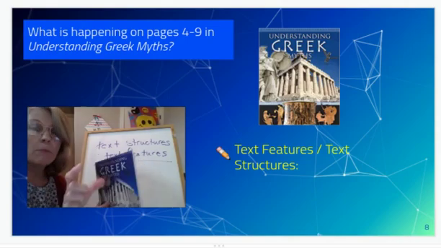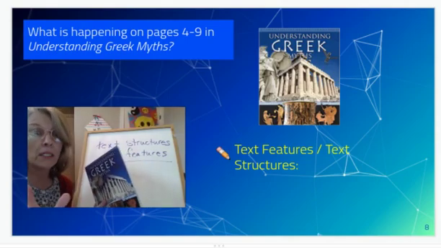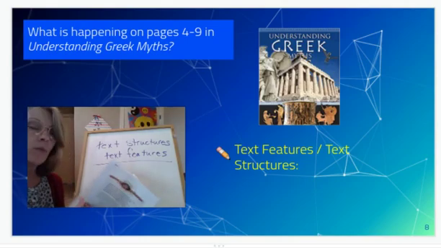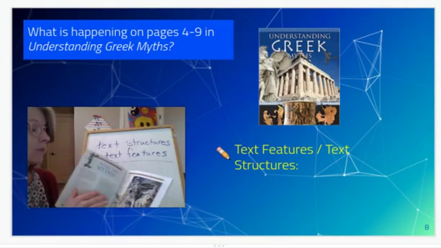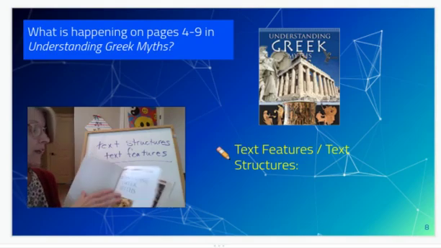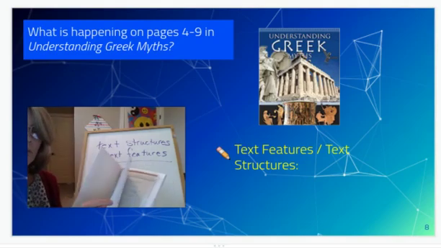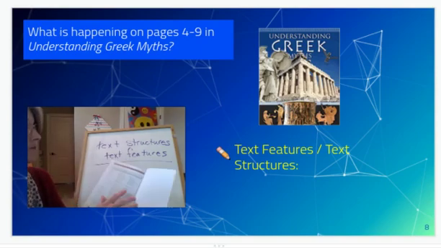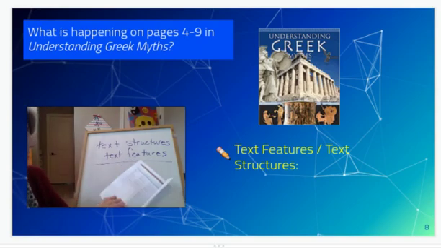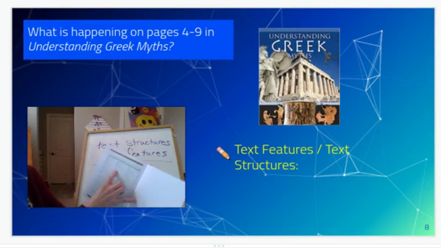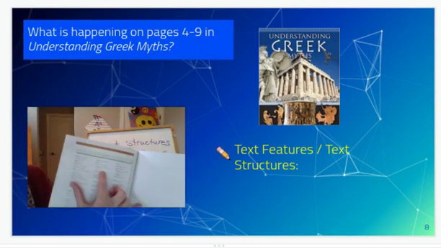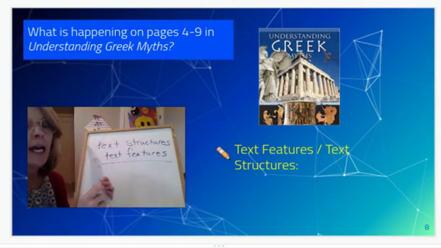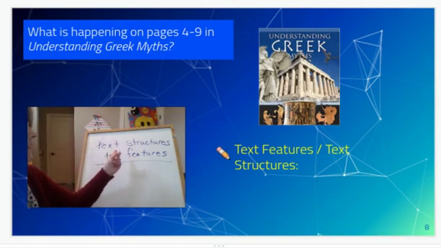But some books that are nonfiction are big books. I don't want to have to thumb through the whole thing. That's when I would either go to the table of contents to find a chapter or a unit about it, or I could go and just find every place they talk about Hercules right there. They have all the pages listed. So I could just go straight to the index. That's another text feature.